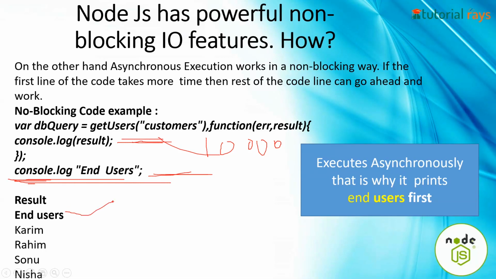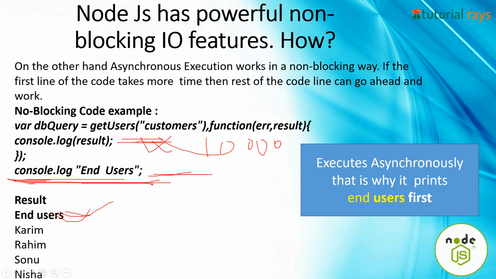Why? Because this is a simple one line, it is working in non-blocking way. PHP code or other such programming languages, what do they do? They say, I will print first because this customer has come first, so I will print the whole 10,000 list, and only then I will print this. But no, Node.js is smart.